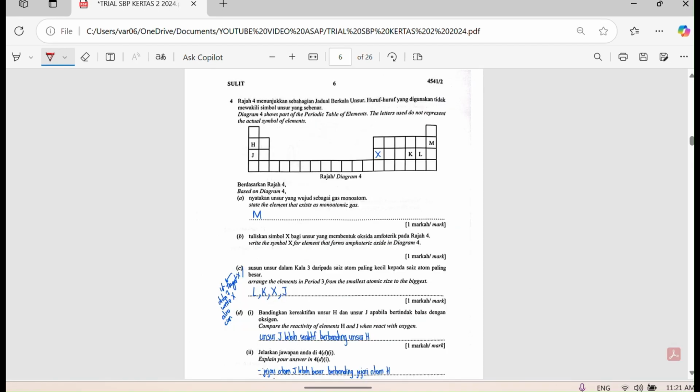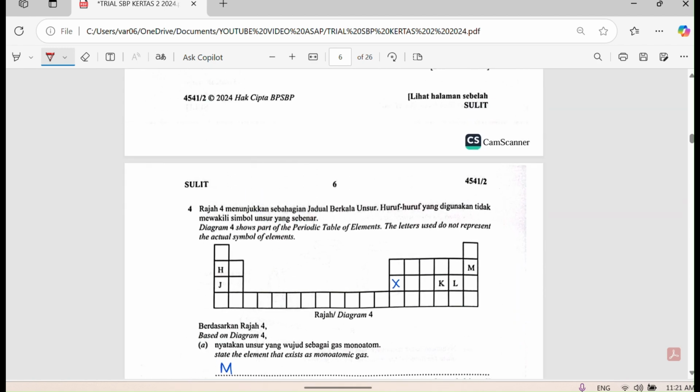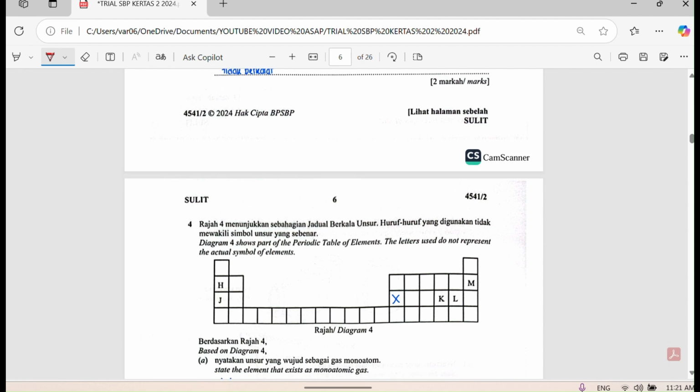Next question number 4. Rajah 4 menunjukkan sebahagian jadual berkala unsur. Okay. Huruf-huruf yang digunakan tidak mewakili simbol unsur yang sebenar. Berdasarkan Rajah 4, nyatakan unsur yang wujud sebagai gas monoatom. Okay. When you get these type of questions, before that, this is Form 4, Chapter 4.